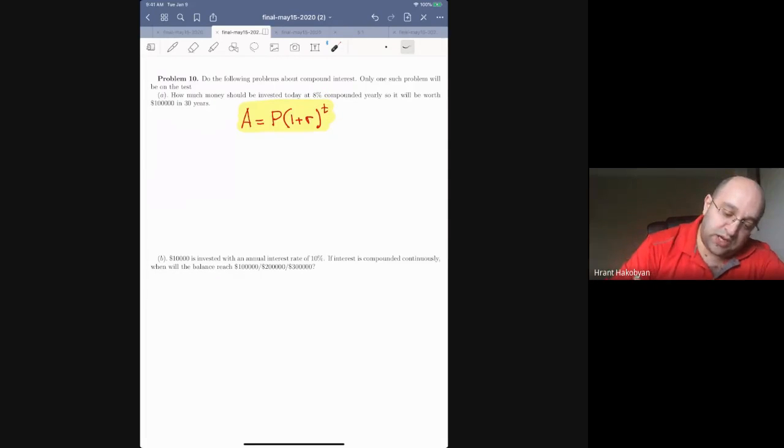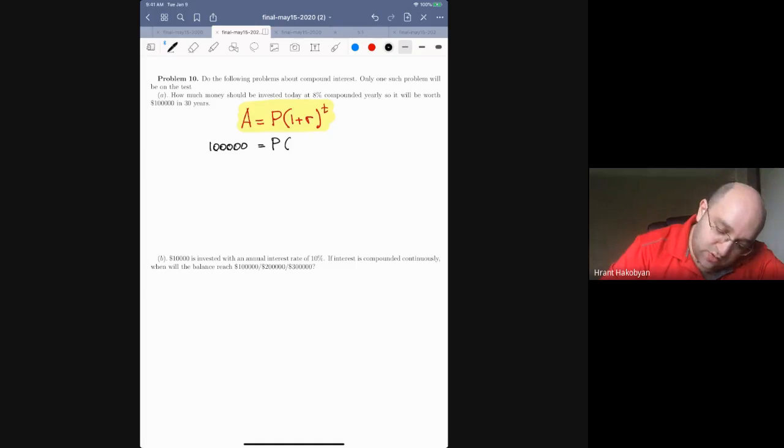So I'm going to plug all these things in and try to find what I need. What is it that I want to find? How much money should be invested today? So that's the principal. That means how much should you invest right now, the deposit amount. A is the eventual amount, so that gives you 100,000. P is what you need to find.